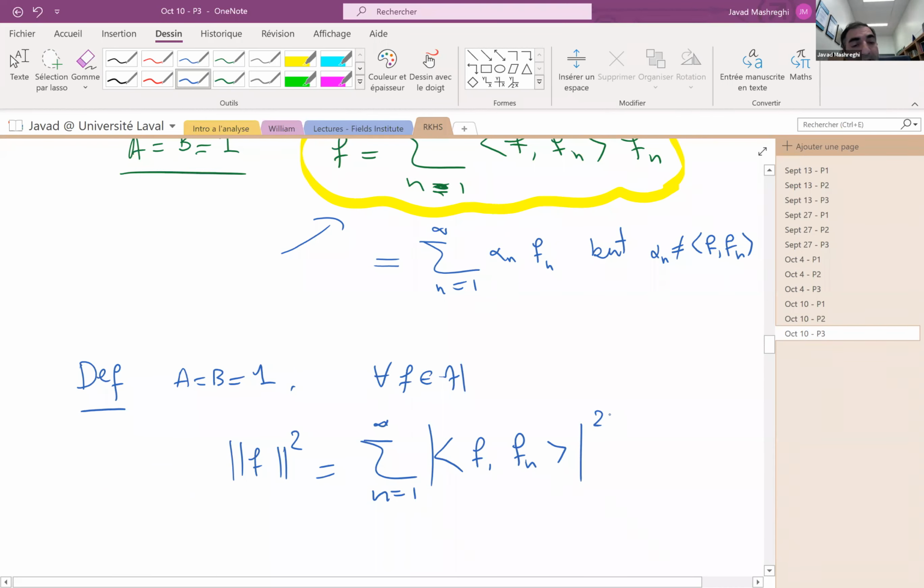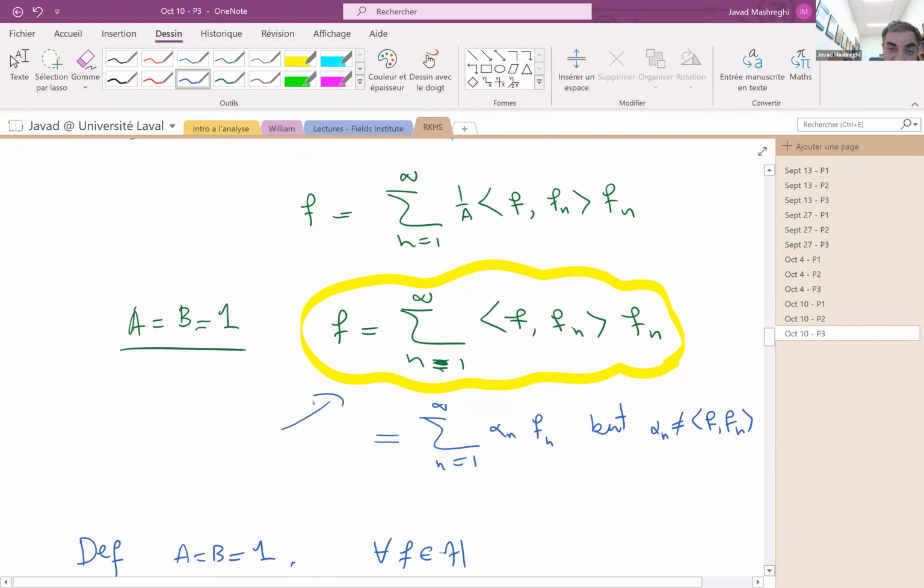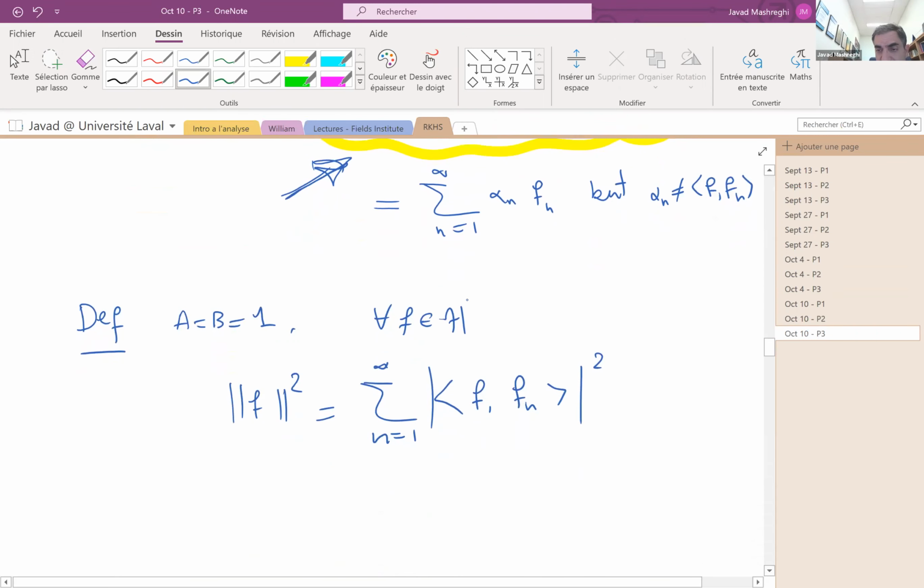That's the definition. In this case, I will prove it indeed. I didn't give the proof of the formula in the book here, but I will prove it. We have this representation, but it is not unique. It will be for the next.